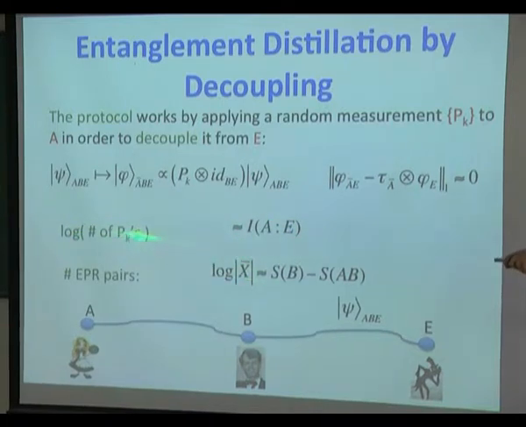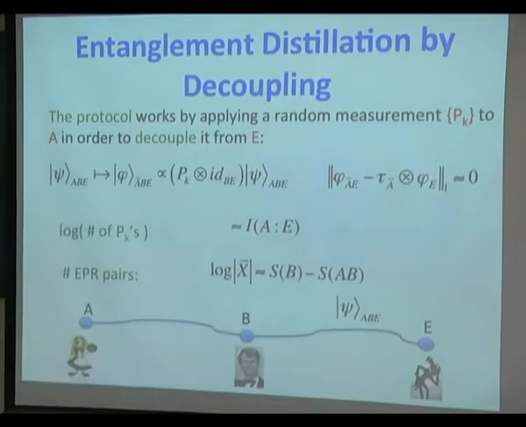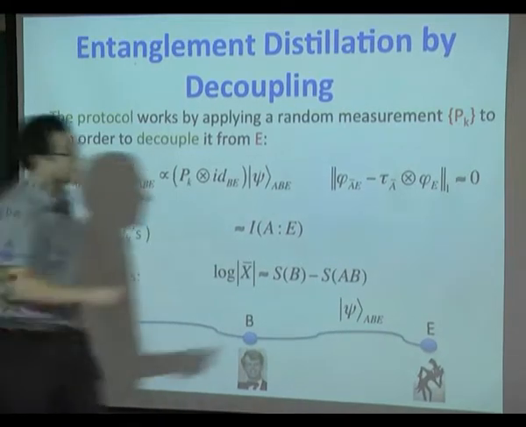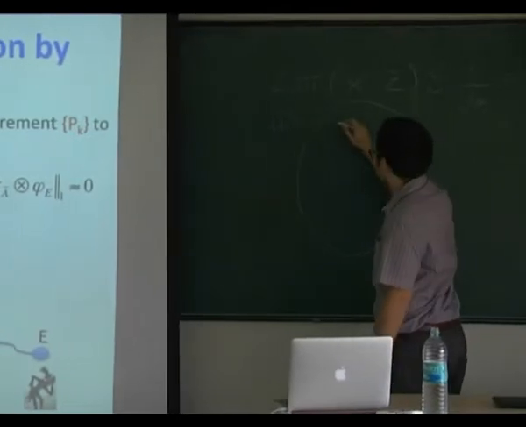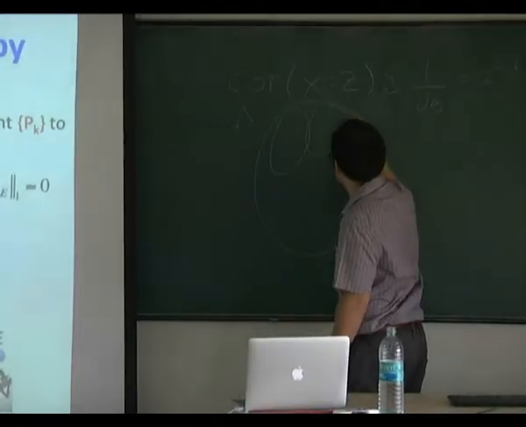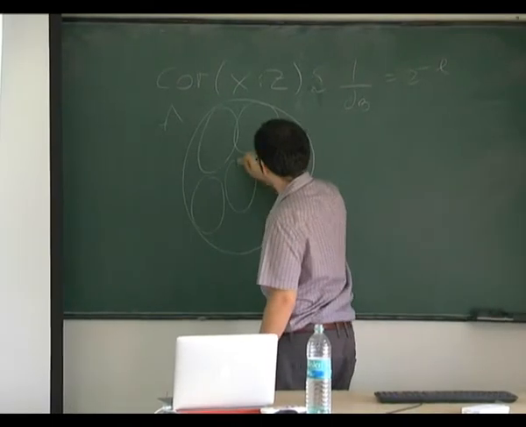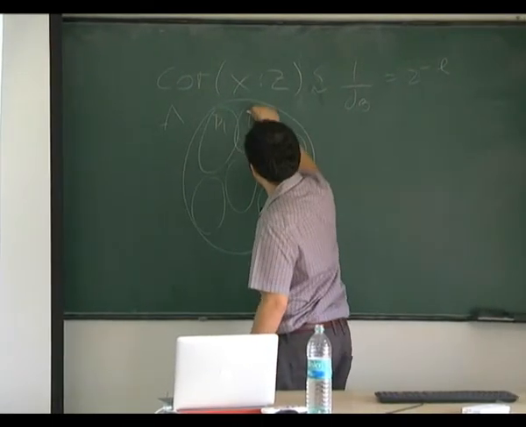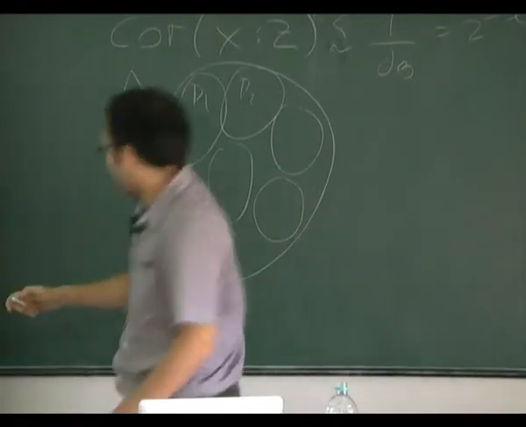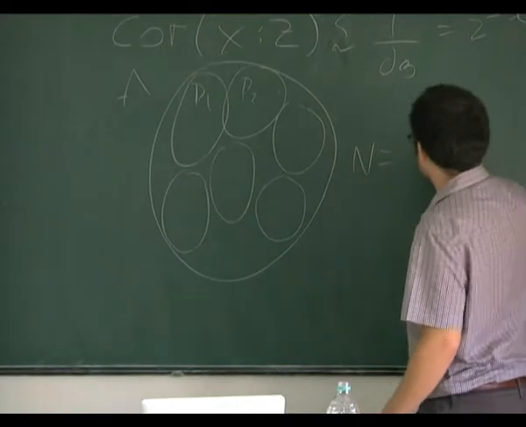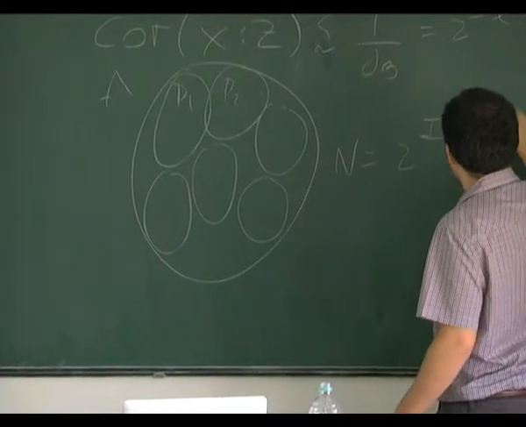So the number of P_k's that you need is of order exponential in the mutual information of A and E. What we are doing is that we have a space, the space of A, and these projectors you can think of as getting some subspace here. This is the one associated to P1, P2, etc. They just partition the space into n subsets, where n is equal to exponential in the mutual information of A and E.